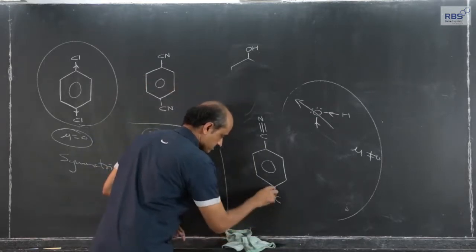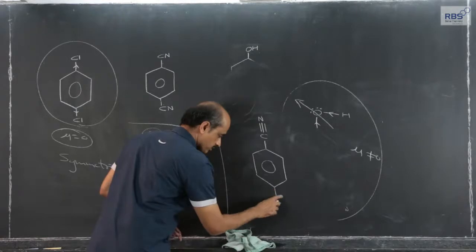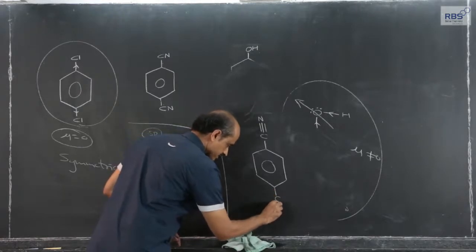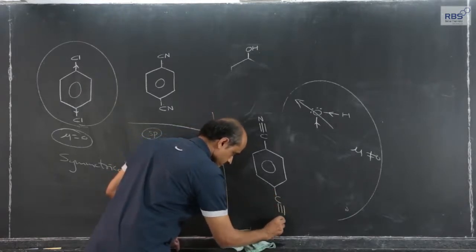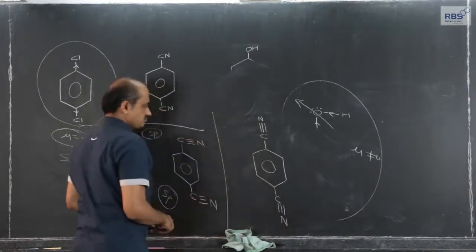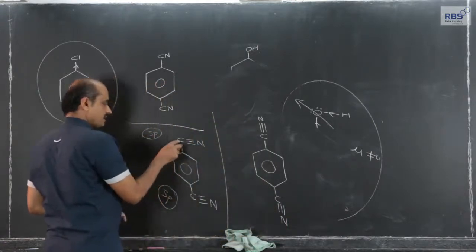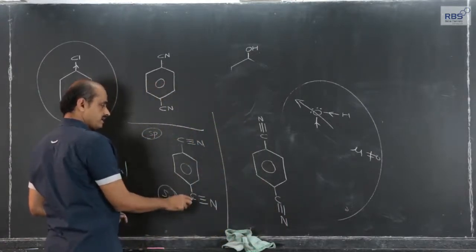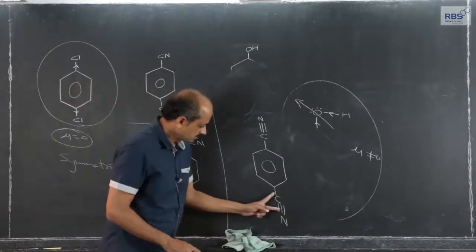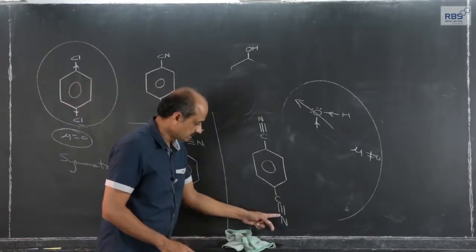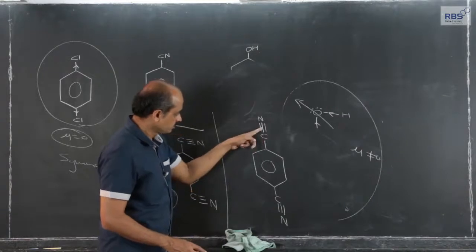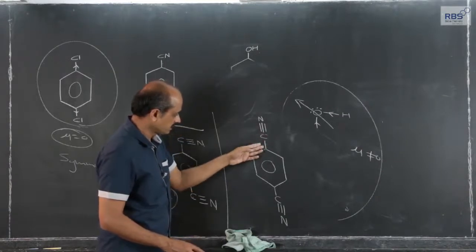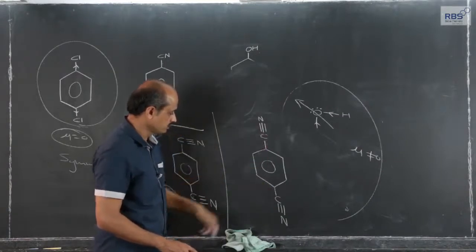Carbon, single bond, sp hybridized. Since in cyanide carbon is sp hybridized, two sp hybrid orbitals are linear. The two sp hybrid orbitals are linear and they are exactly at 1,4 position.